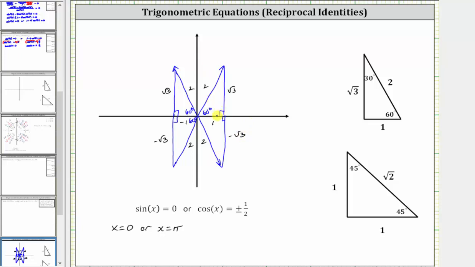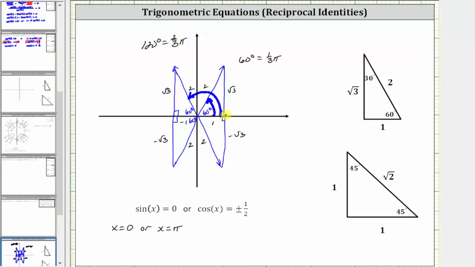The angle in the first quadrant is 60 degrees, where 60 degrees is equal to 1/3 pi radians. Remember, to convert from degrees to radians, we multiply by pi divided by 180 degrees. In the second quadrant, we have this angle here, which is 180 degrees minus 60 degrees, which is 120 degrees. 120 degrees is equal to 2/3 pi radians.